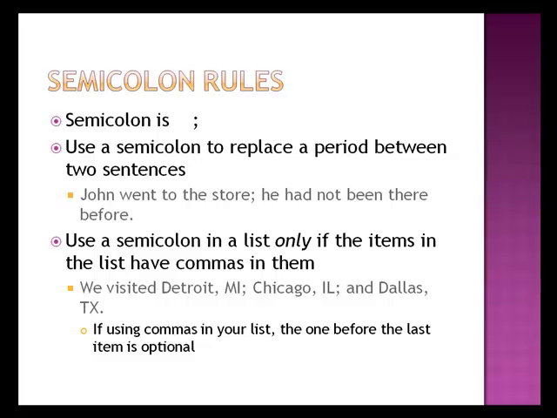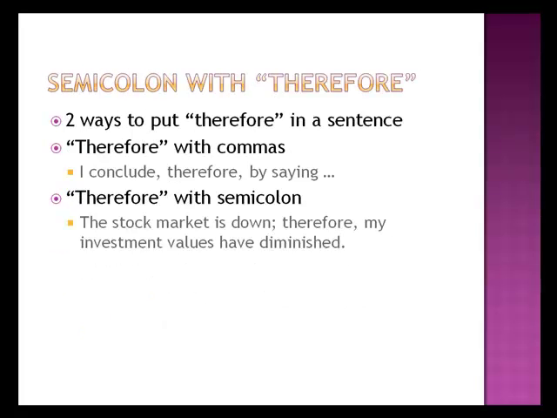And by the way, if you're using a list with commas, the one before the last one, before the word and, is now optional. I learned in the old days, and so I still use that last comma, you'll see in my examples, but it is now optional. Well, that was a really easy rule to learn, wasn't it? And it's been so hard for us all this time.